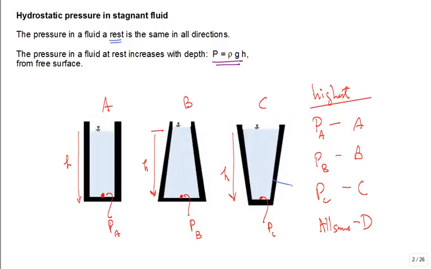There's a pushing back from the wall onto the fluid to hold it in place. You can decompose that force into a lift as well as a push to the side, and that helps hold up some of the fluid. So no, it's the same pressure.